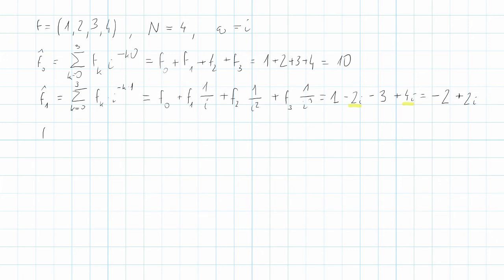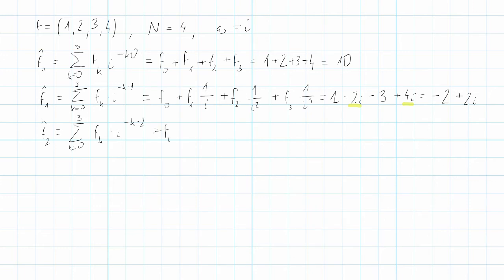So let us compute now the f2 hat, and again the same formula. It's the sum from k equals 0 to 3 of fk times i to minus k times, and now we have the index 2, so minus 2k. So what is it?